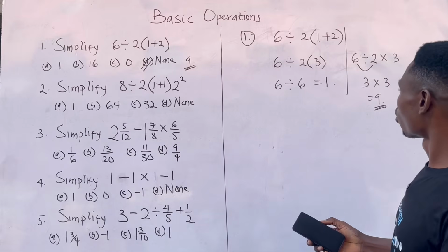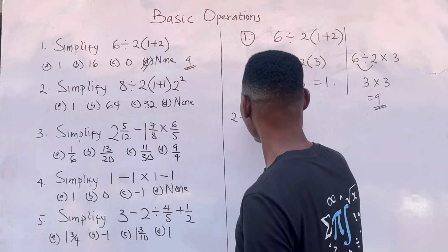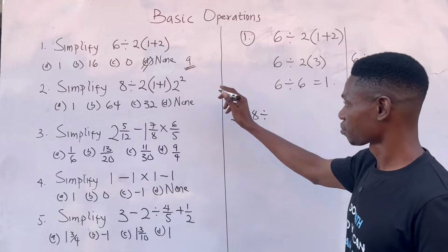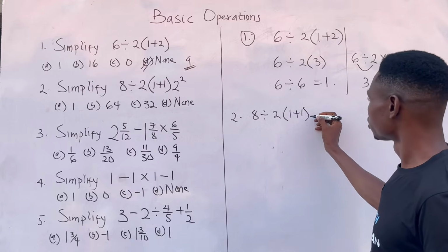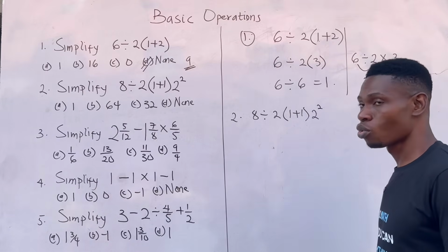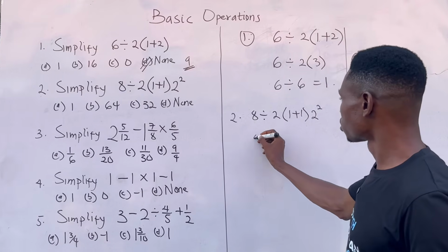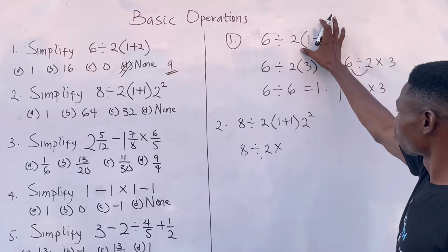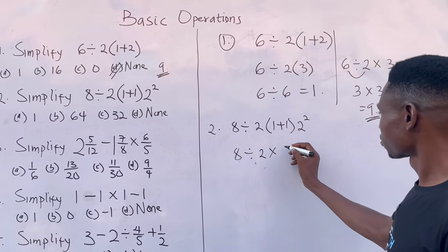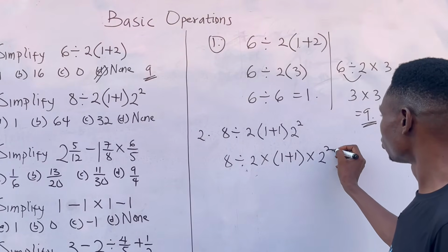So let's move to the second one. Number 2, we have 8 divided by 2 multiplied by 1 plus 1 multiplied by 2 square. Okay, so this gives us 8 divided by 2 multiplied by, following what we've learned now, 1 plus 1 multiplied by 2 square.